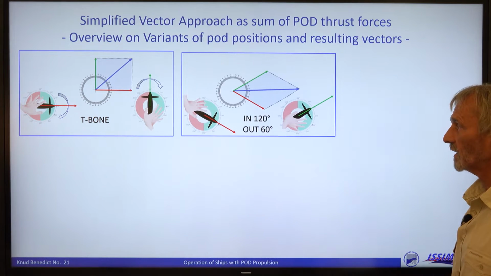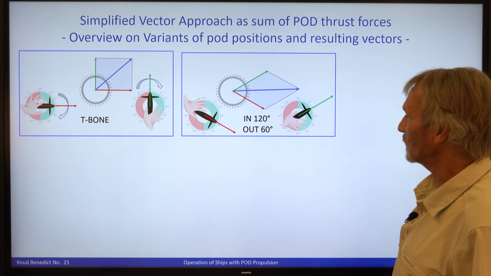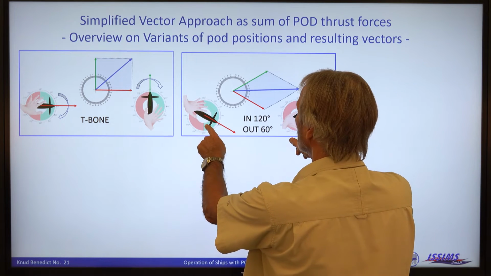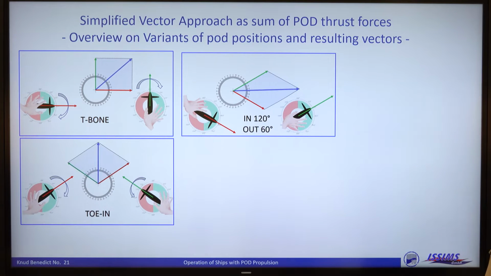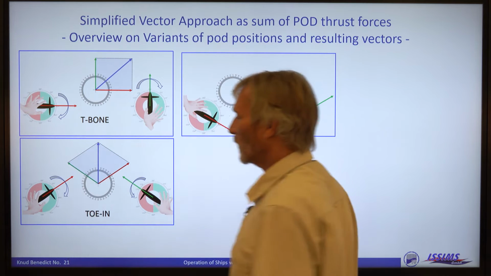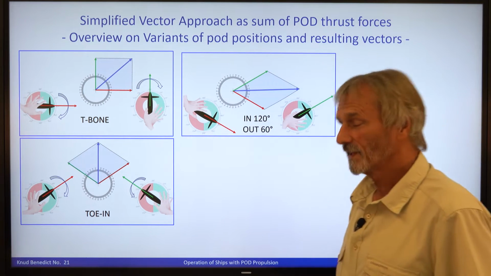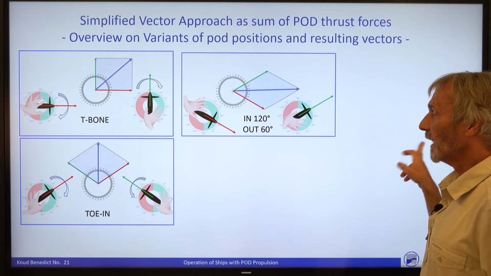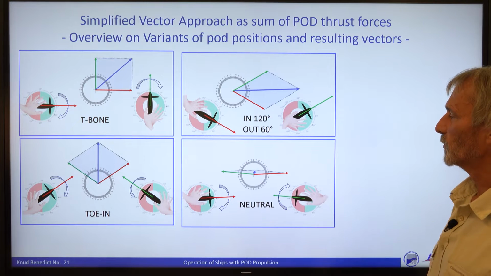Then there is the in 120, out 60. These are the configurations, and this is the resulting vector. And this is the so-called toe-in. If both of the pods are turned inward, I have shown that in my last video extensively. And the same here, it's a neutral position.